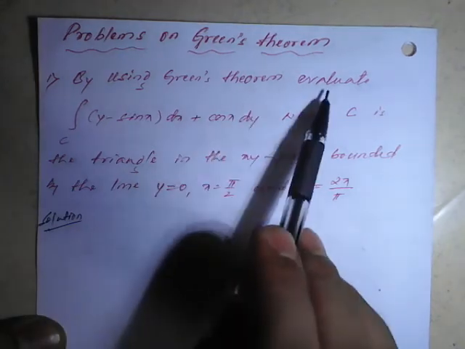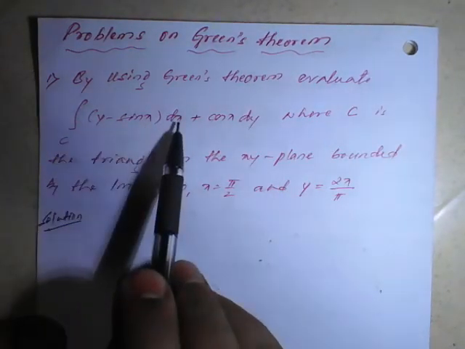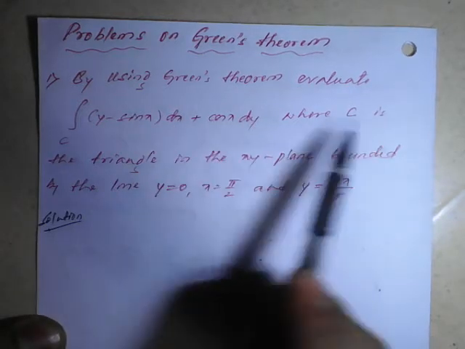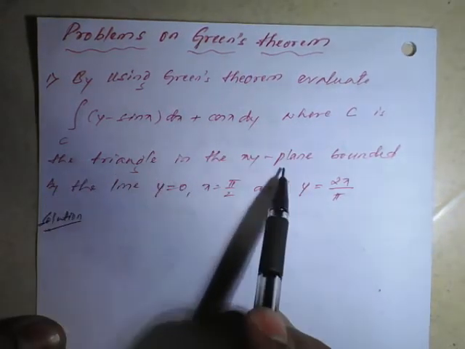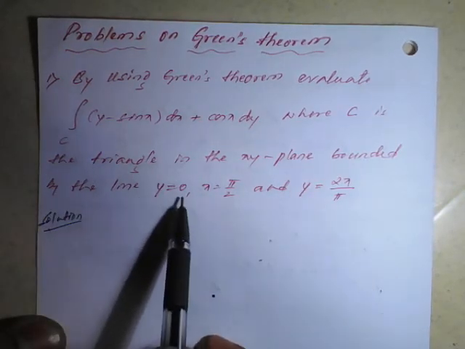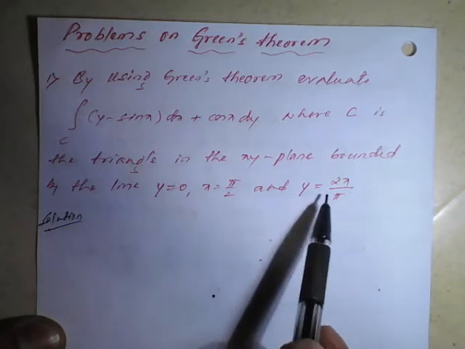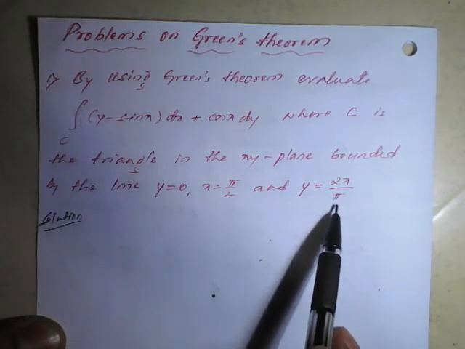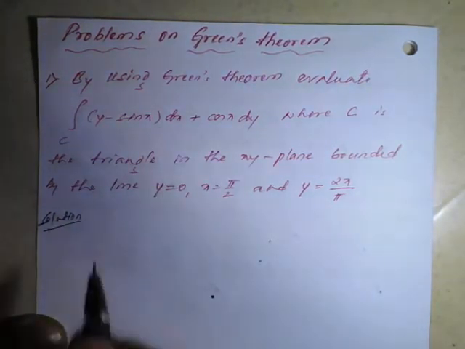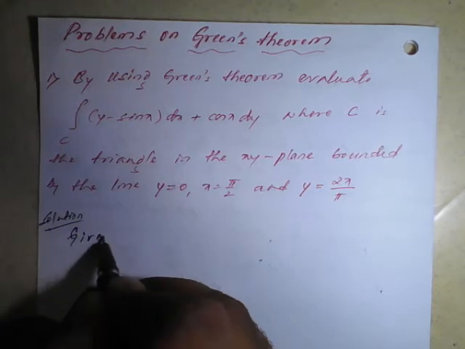By using Green's theorem, evaluate integration of y minus sin x dx plus cos x dy, where C is the triangle in the xy plane bounded by the line y is equal to 0, x is equal to pi by 2 and y is equal to 2x upon pi. So they have given the integral. The given thing, I will note it down.